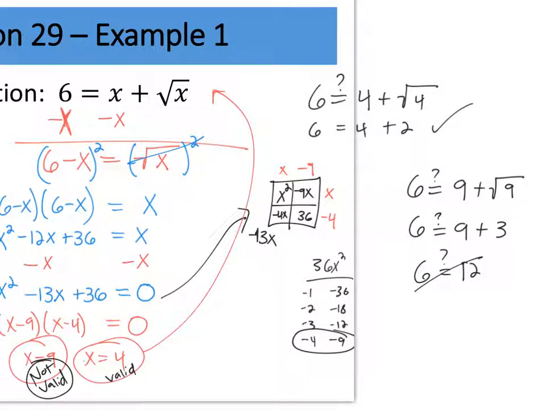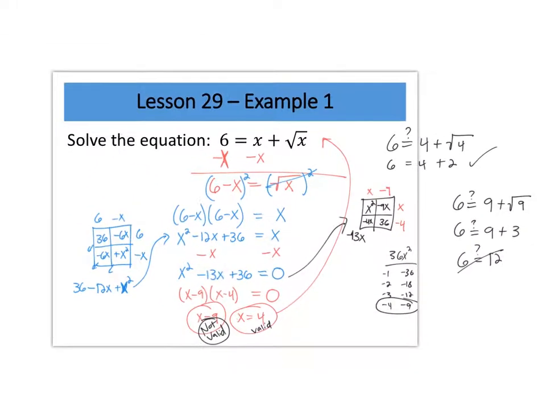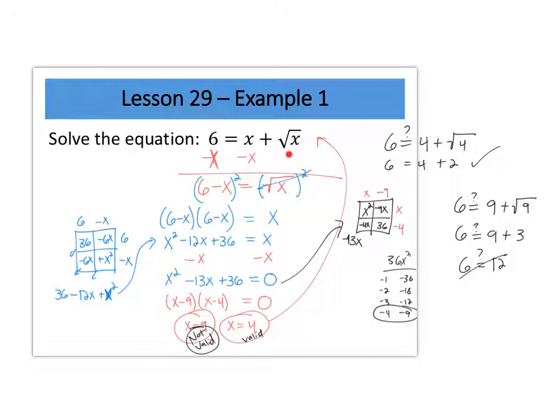So just a quick overview of what we did: step 1, we got the square root alone, and then we squared both sides, but because it's a binomial, I have to multiply them out. I now have a polynomial on this side, and I wanted to get all the same variables together.